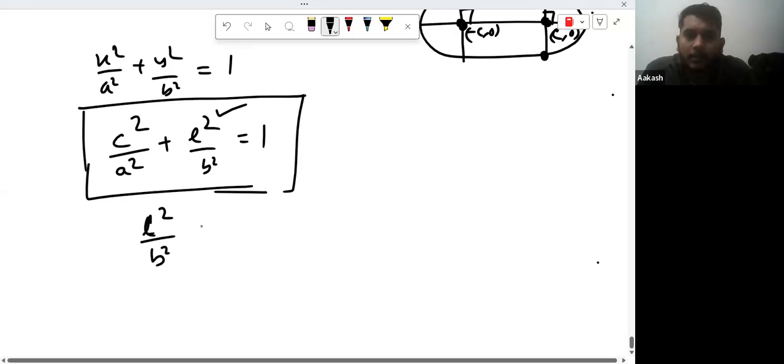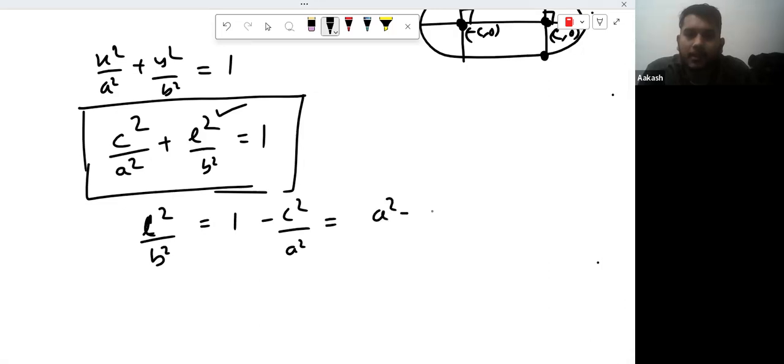L square by b square equals 1 minus c square by a square. So it is a square minus c square by a square. Now what is a square minus c square? It is b square. So this is b square by a square.